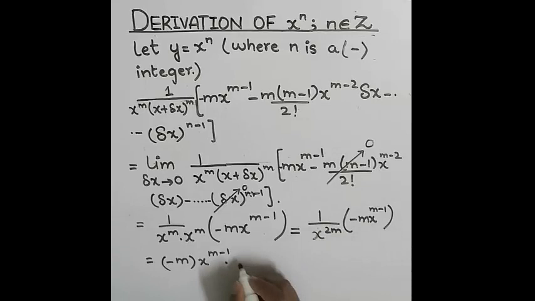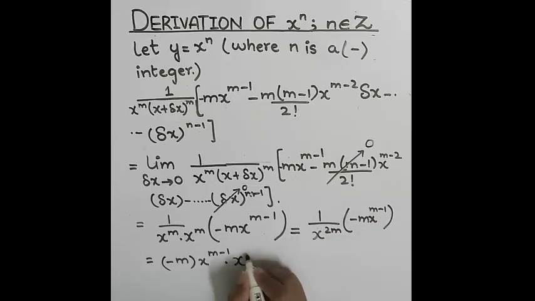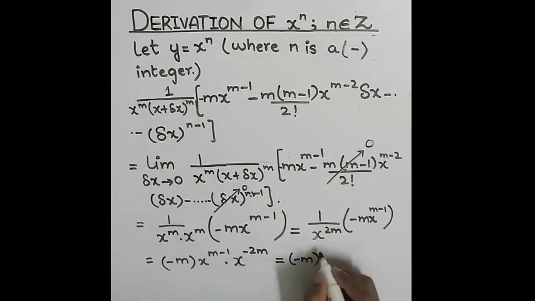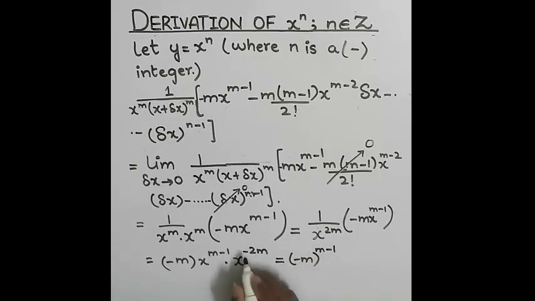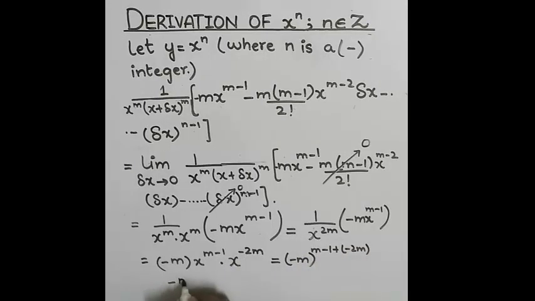When it moves above, in the numerator we will write x raised to power minus 2m. We discussed that bases are the same, so powers are added: m minus 1 plus minus 2m, minus m, minus 2m is minus m, and minus 1.